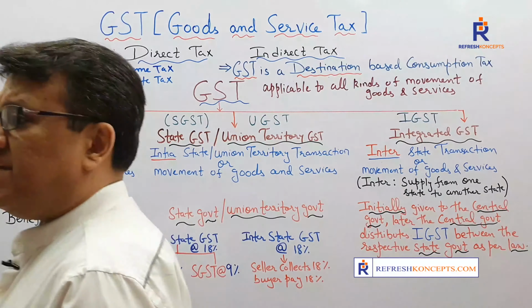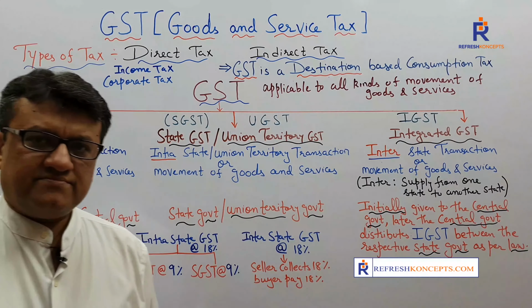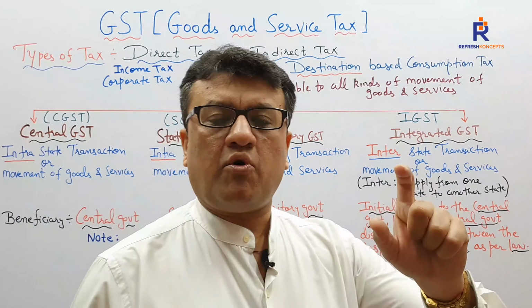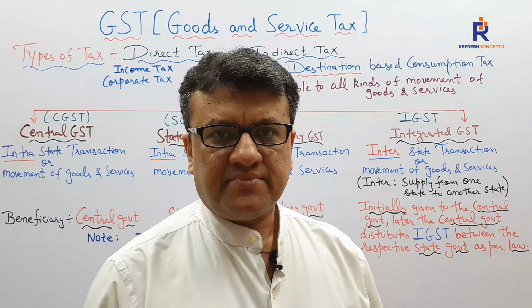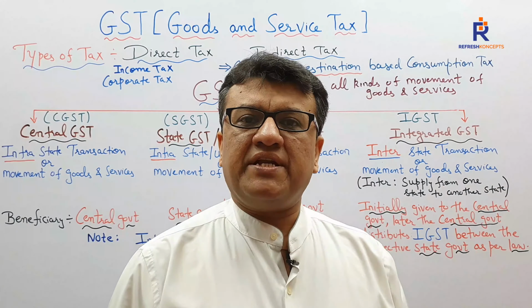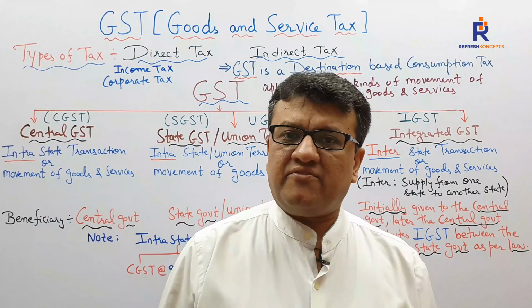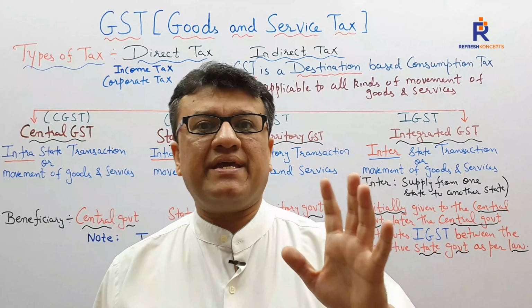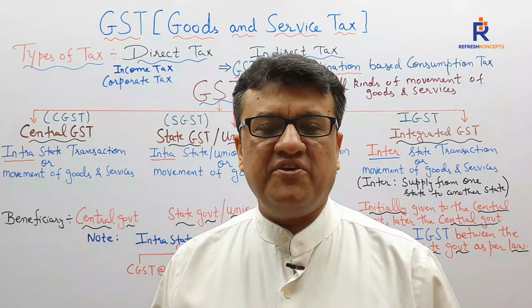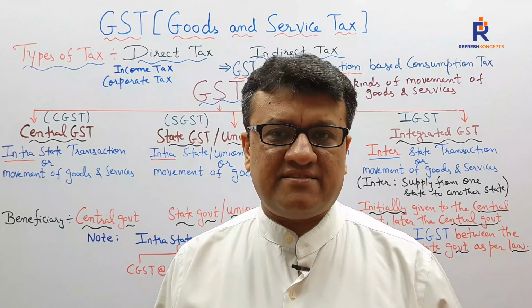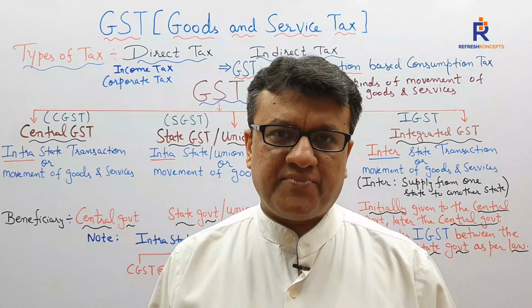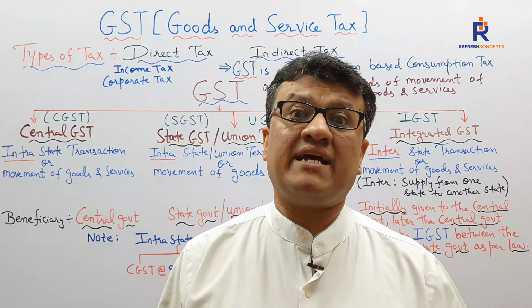Next is, if I want to purchase an article within the same state or for that matter from one state to another, whenever we want to purchase a particular article, we have to pay taxes. Earlier, what we were paying was some n number of taxes. We used to pay sales tax, value added tax, octroi tax, cess tax.